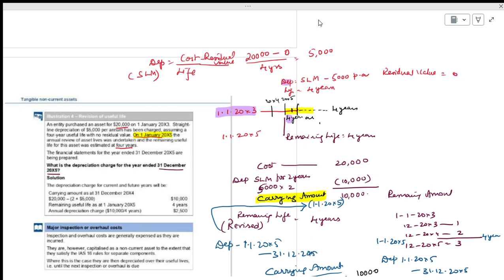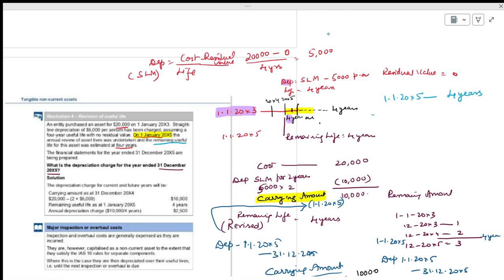From 1st of 2005, the remaining useful life is going to be 4 years.